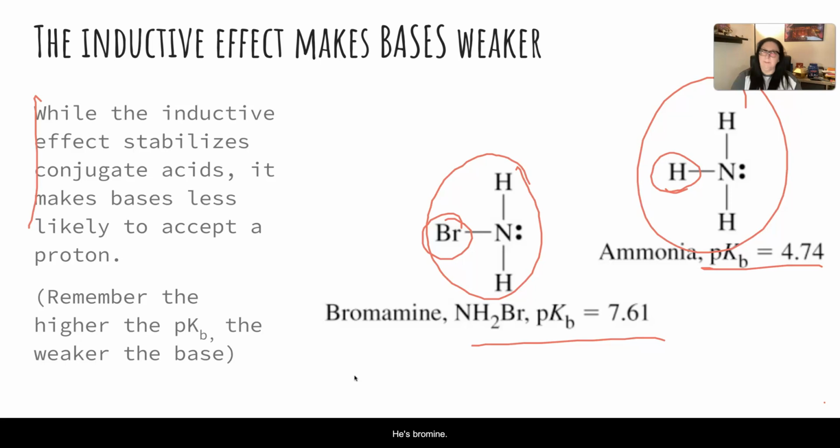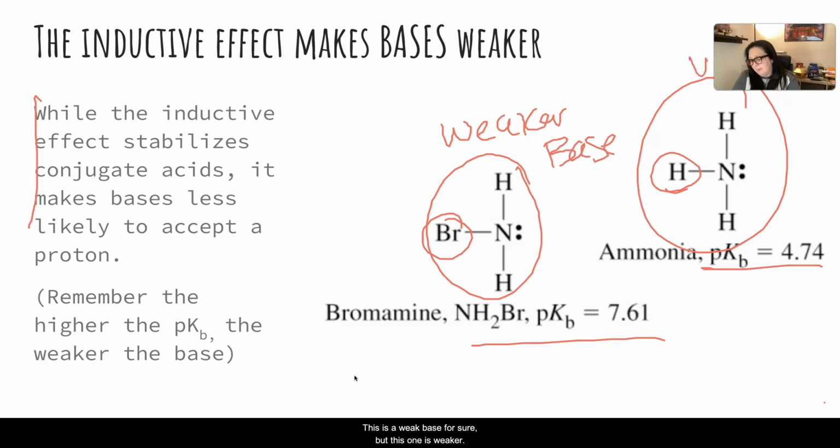So he's bromamine. Okay. And he has a higher pKb. So the higher the pKb, the weaker the base. This is a weak base, for sure. But this one is weaker.